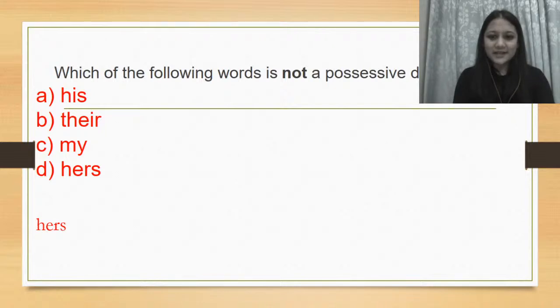Again, it's very simple, right? Are we able to do it? See, his will remain his, their will become theirs, my will become mine, and hers. Now, the one that is not a possessive determiner is definitely hers. If we are supposed to make it a possessive determiner, how can we do it? We simply have to remove the s and it will be her.